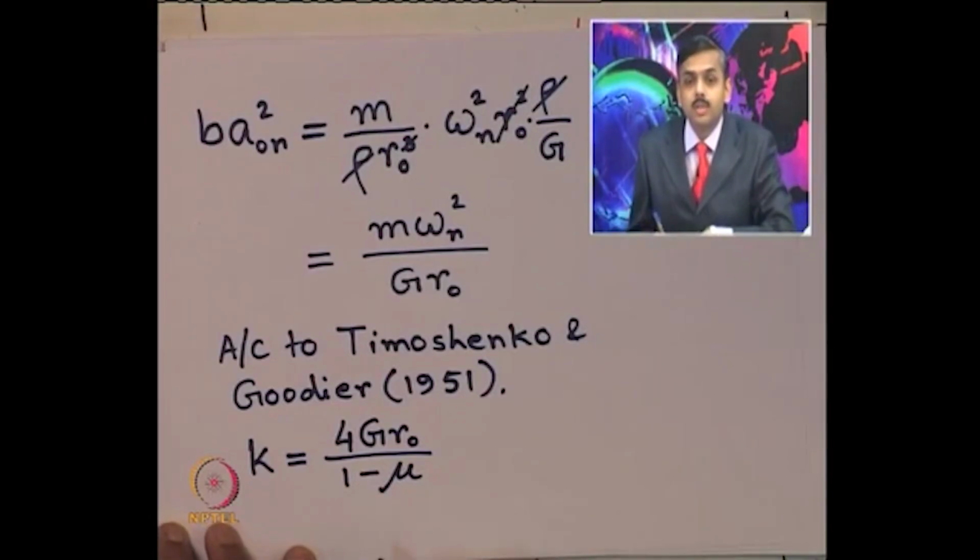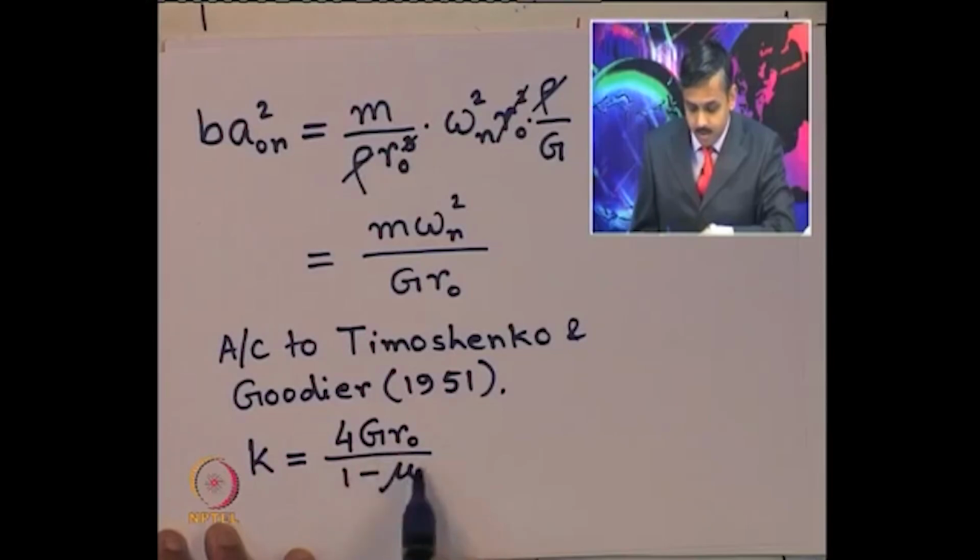We already know this when we have discussed the theory of machine foundation. Here all the parameters are known. G is shear modulus of soil, R naught is equivalent radius of the circular rigid foundation subjected to vertical mode of vibration, mu is Poisson's ratio of the soil.